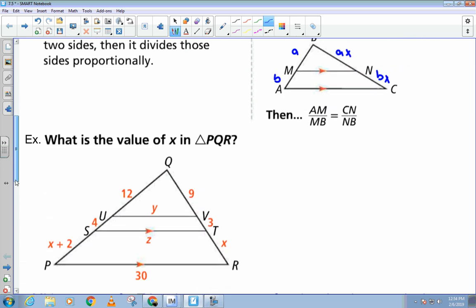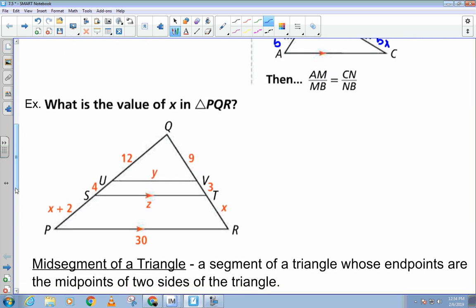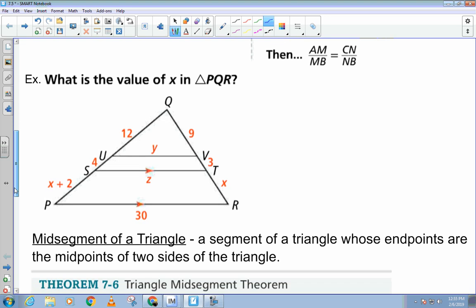All right. So what is the value of x in triangle PQR? We want to know the value of x. These right here are my parallel lines. This right here, we don't really know anything about it. Using the side splitter theorem, what can I do?